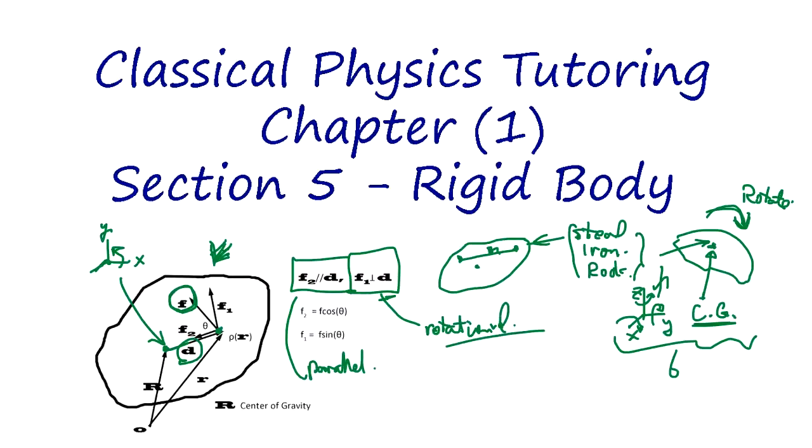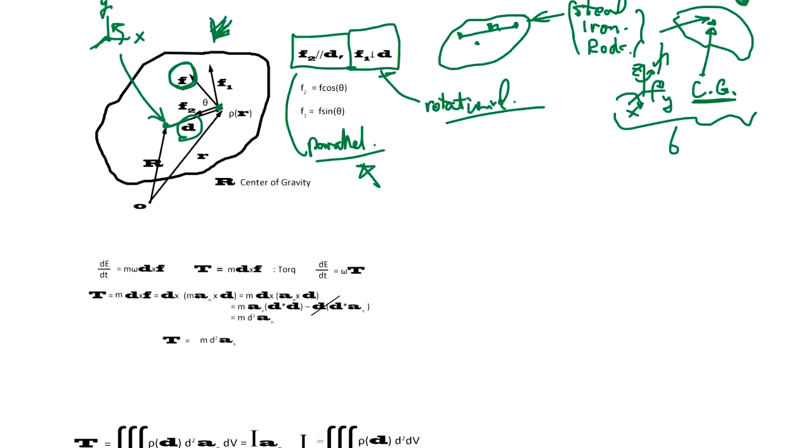Okay, now parallel motion, we explained all kinds of parallel motion for the point mass, and the point mass basically covers everything about parallel motion. So here we learn about rotational motion. Parallel motion is F equals ma, right?